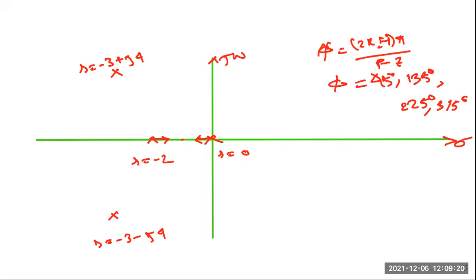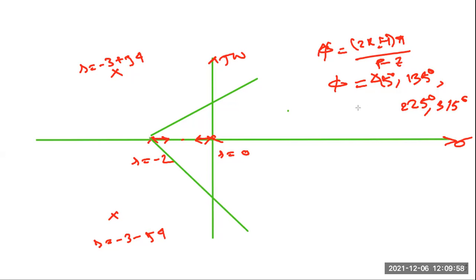Okay, fine. So now we need to draw the asymptotic lines from S equal to -2. Let us say this is your 45 degree line, then you have a line of 135 degree. The 315 degree line is basically -45.